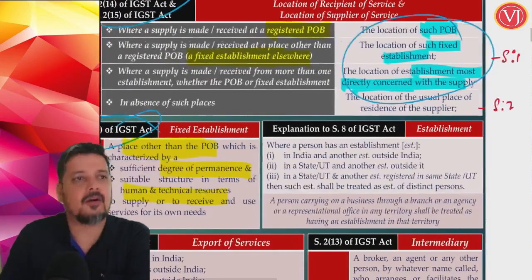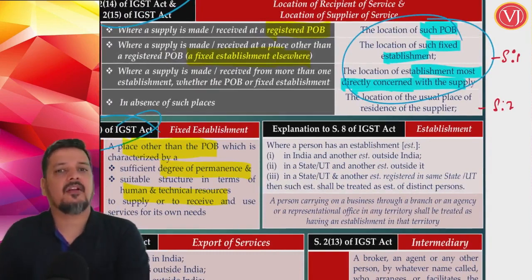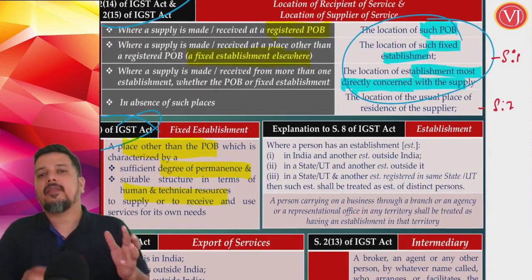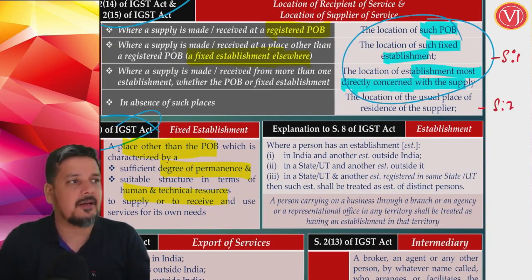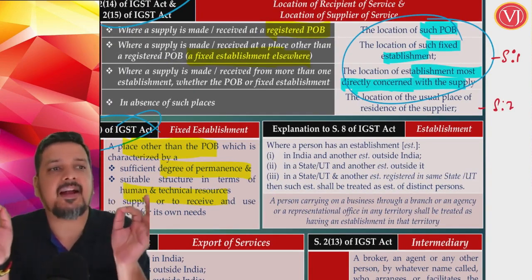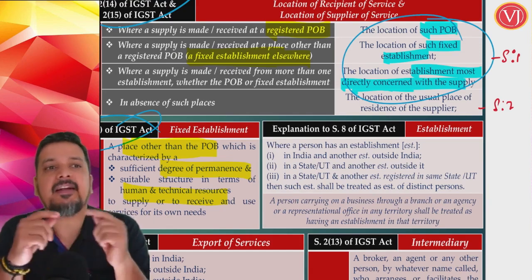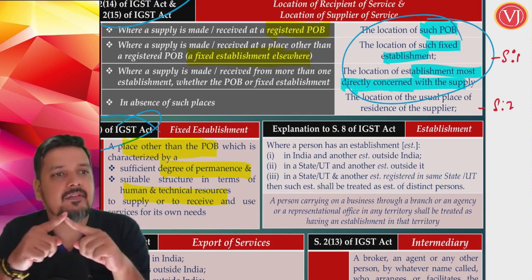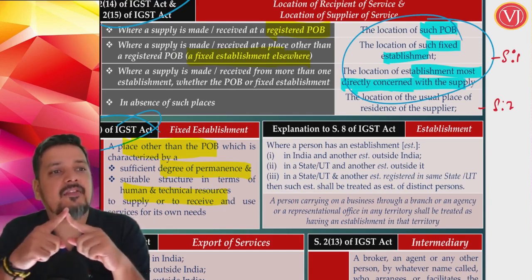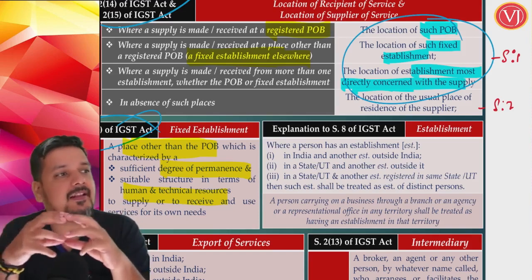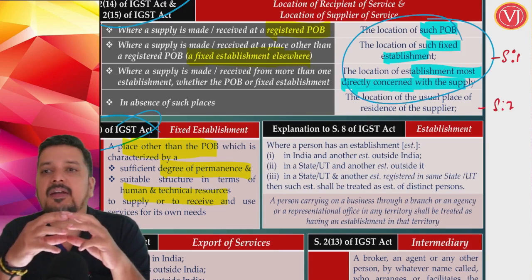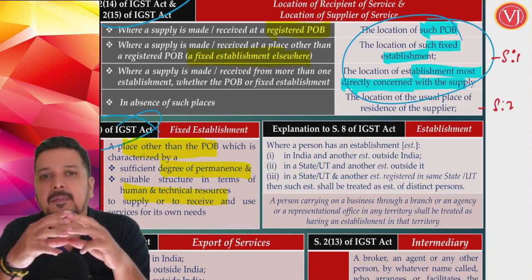For finding out the location of supplier of service, it is neither the registered place of business, the main place of business, nor the fixed establishment. It is that place which is more directly concerned. If my team of Delhi is giving that service, what is the location of supplier of service? Delhi. If my team of Bangalore is giving that service, what is the location of supplier of service?